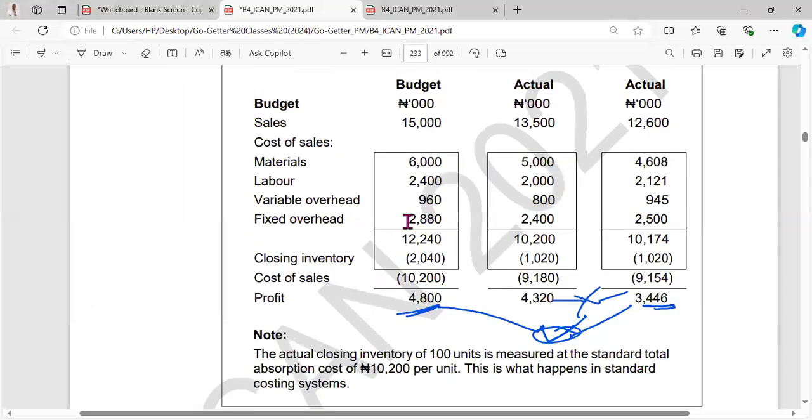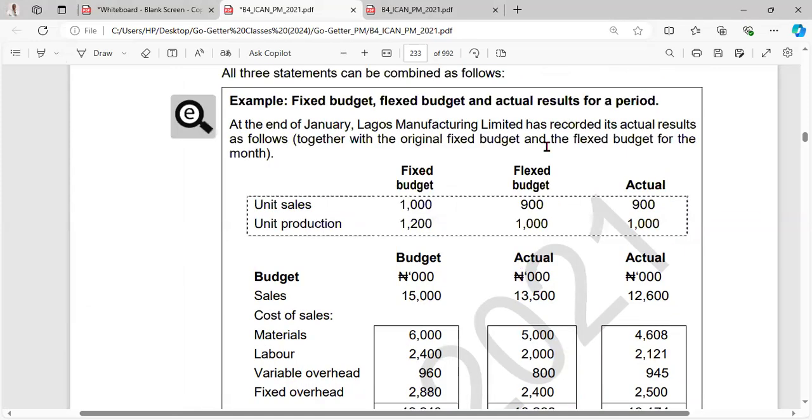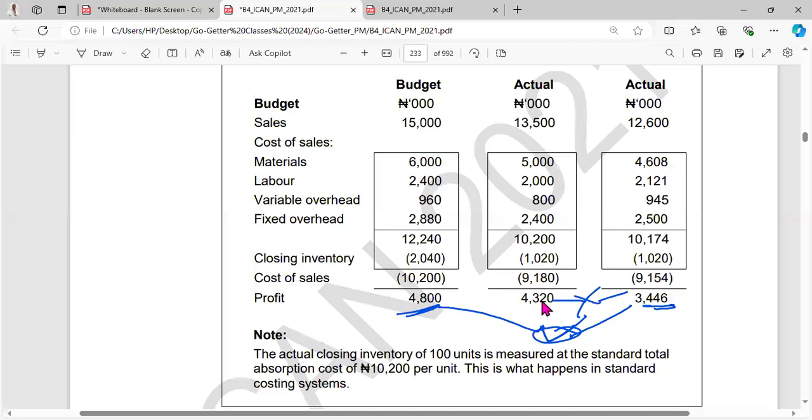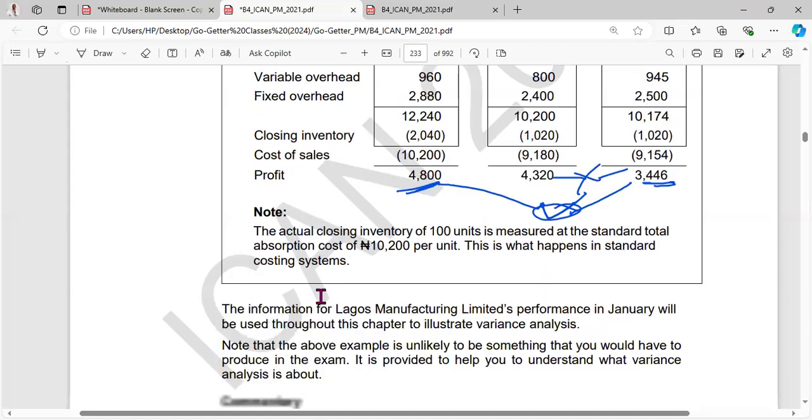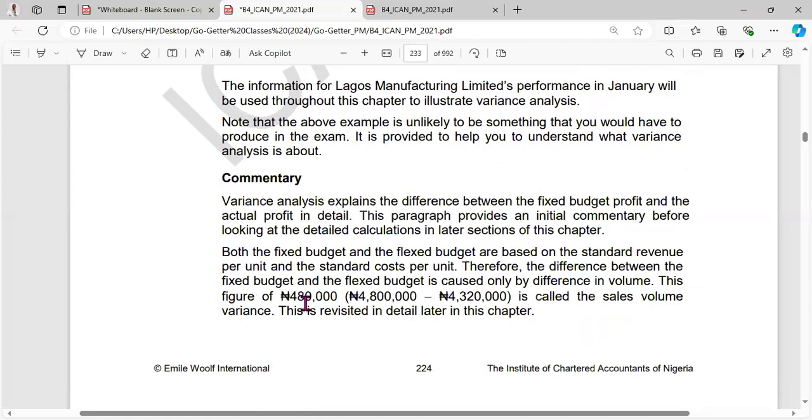So when we are doing our variance, this is our helper column, which will assist us in the variance. We are actually going to compare actual and flex, and we will also take note of this volume variance.